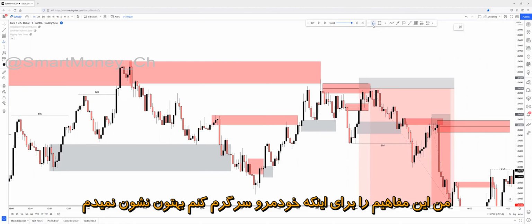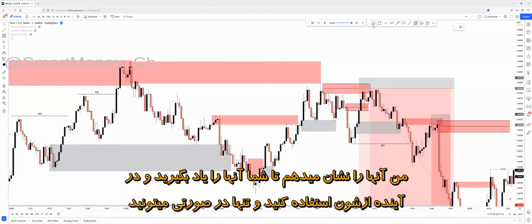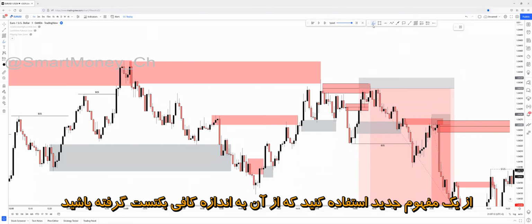I'm not showing you those concepts to entertain myself. I'm showing you so you can adapt from that new concept and use it in the future. And you can only use a new concept if you backtest it enough.